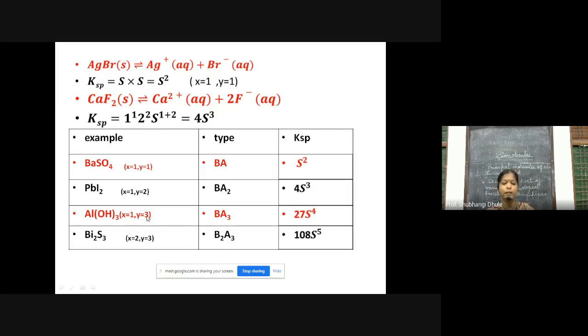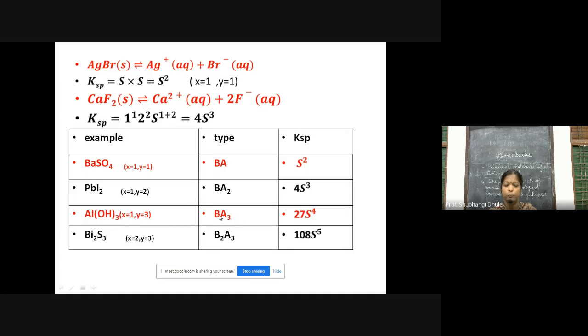Now if you take the third type of salt, aluminum hydroxide, Al3+, x is equal to 1, 1 cation, and the hydroxide ions are 3. So here the type of the salt becomes BA3.